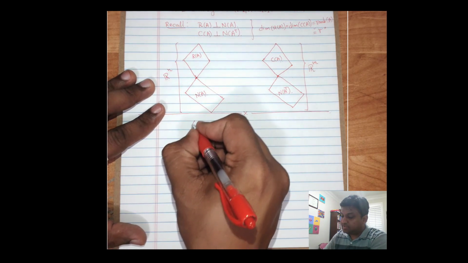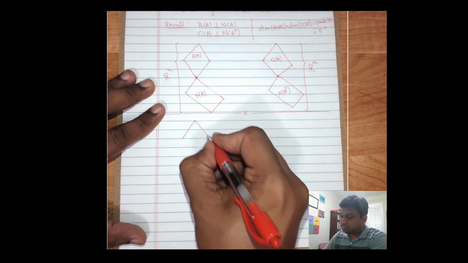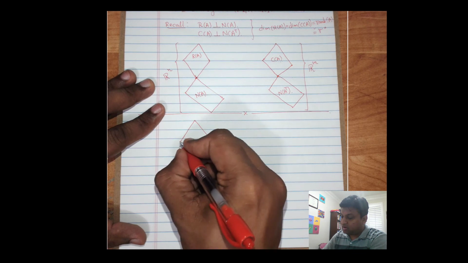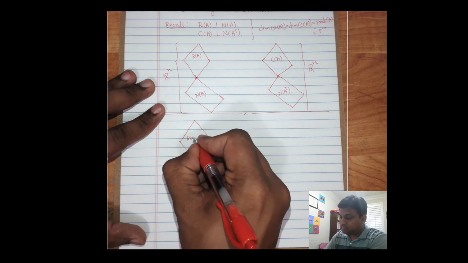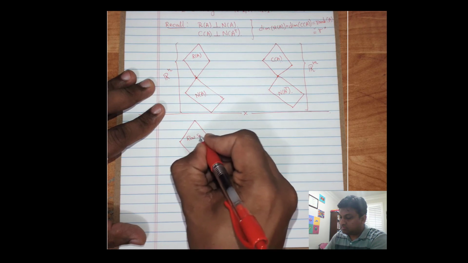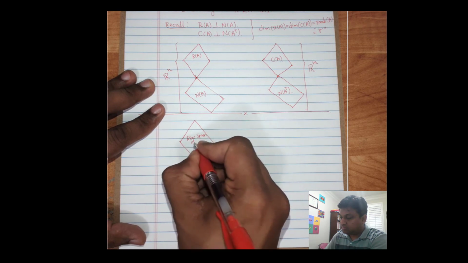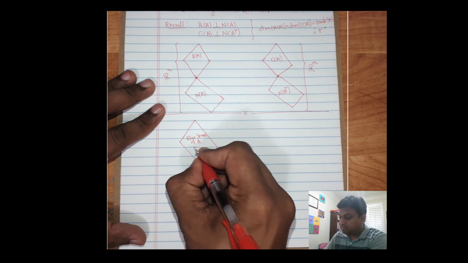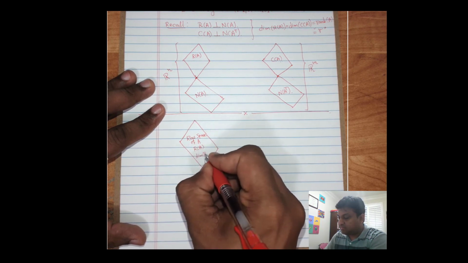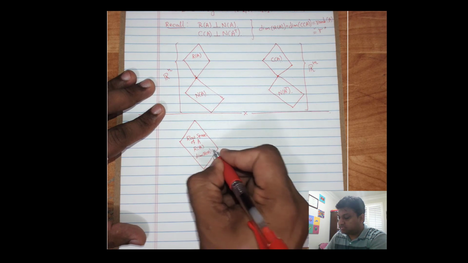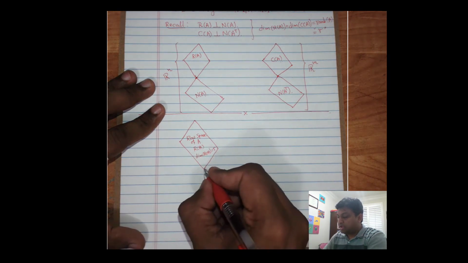I have this first subspace that I call the row space of A, and we know its dimension is, let's say, r.